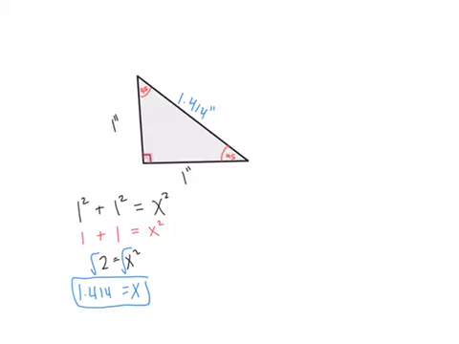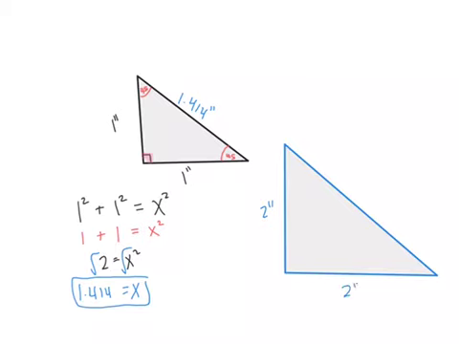Now, this is kind of cool because this is called a unit triangle. It's as basic as it can get, 1 inch by 1 inch. And what would happen if I just doubled? So instead of it being 1 inch by 1 inch, what if now I have another triangle, and let's say it is 2 inch by 2 inch, 90-degree angle. So all it did is its side lengths doubled in size. Well, if we're trying to find this diagonal, I placed it as x.